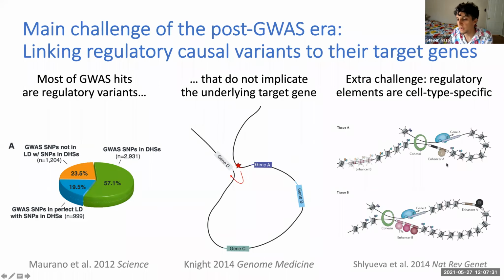Then this gene will be regulated by different enhancers in tissue A and tissue B, which means that this 3D map is not universal, and it just means that we need to have as many tissues and cell types as possible to try to understand where all the enhancers are and how they are connected to the genes.